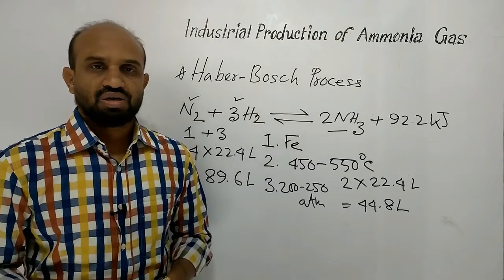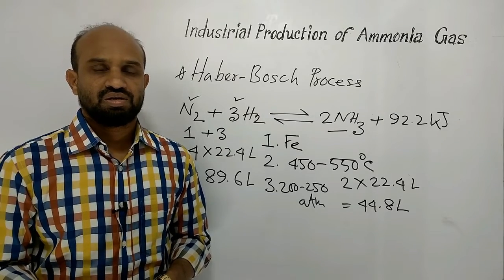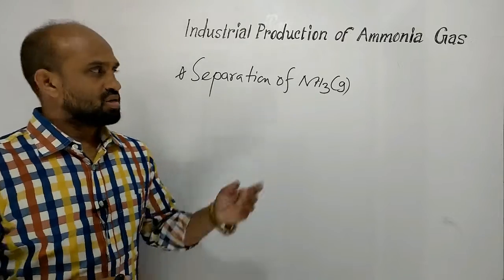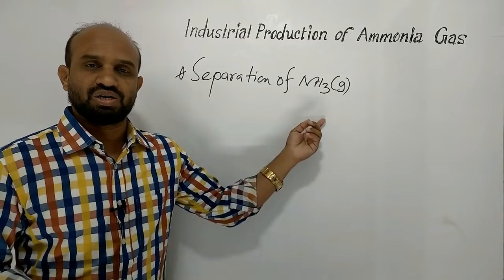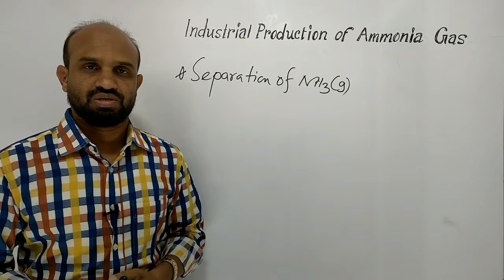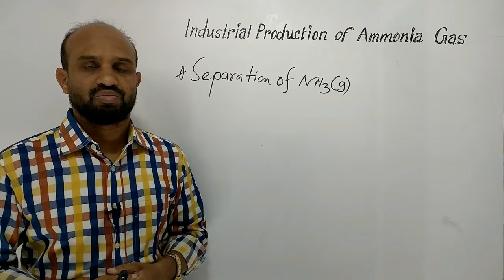Now let's see how ammonia is separated in the Haber-Bosch process. Now the point is separation of ammonia gas by the Haber-Bosch process. Now let's see a schematic diagram of the Haber-Bosch process.